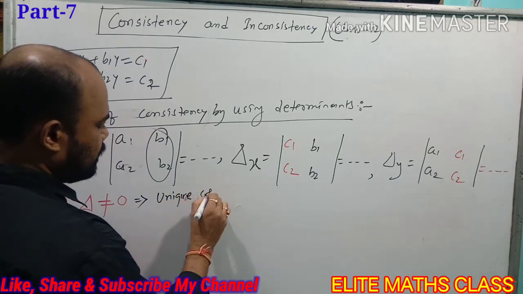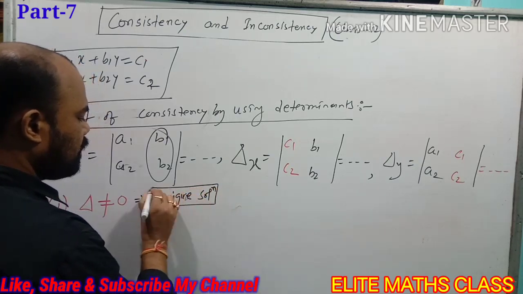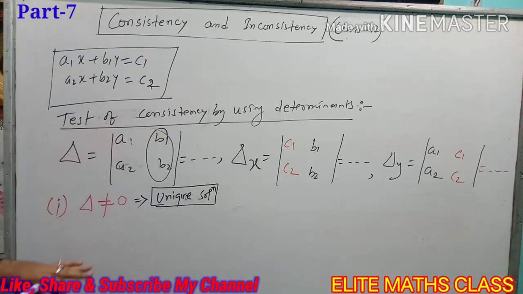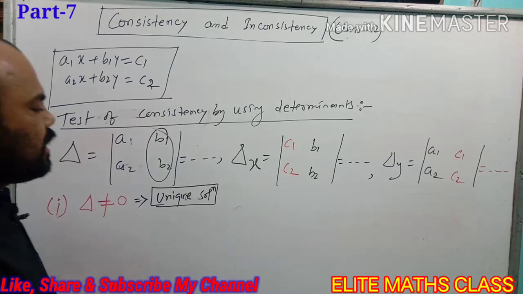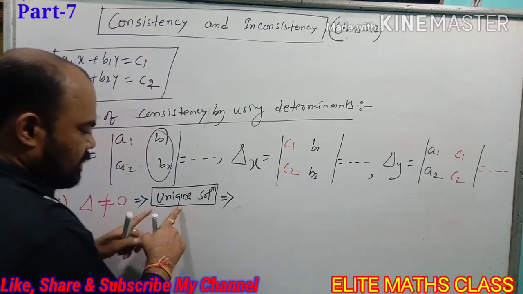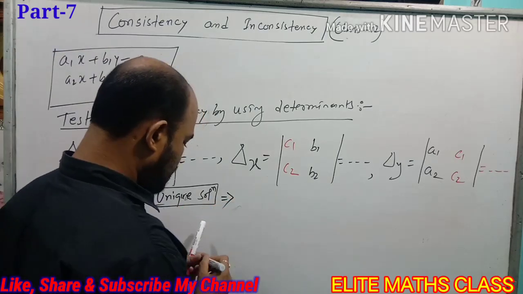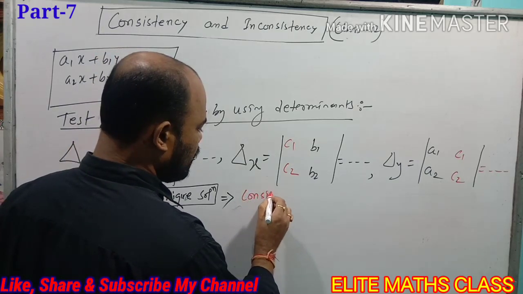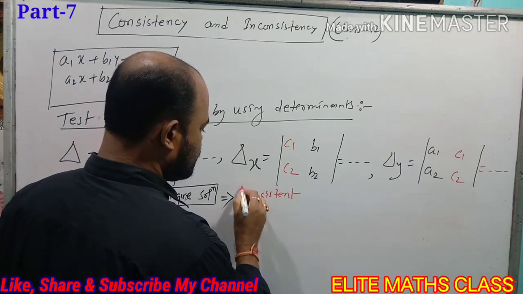In the first case, if del is not equal to 0, then this system will have a unique solution. As a solution exists, the system will be consistent.